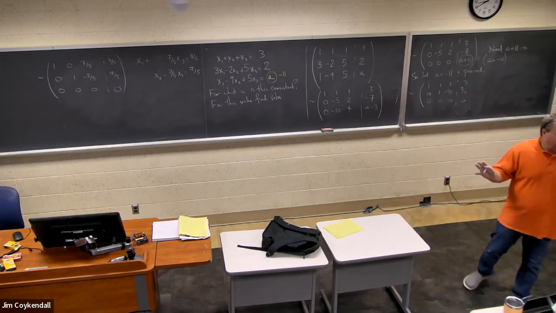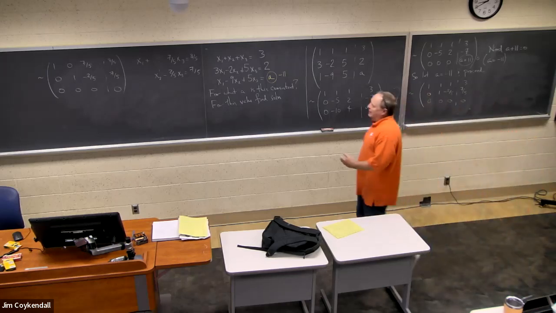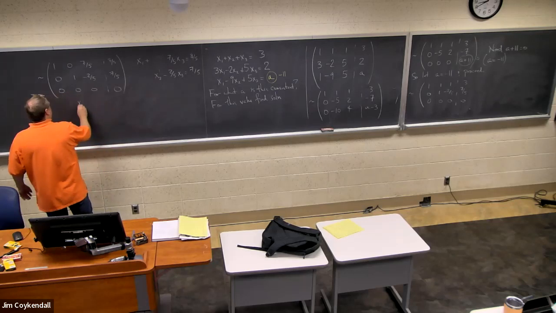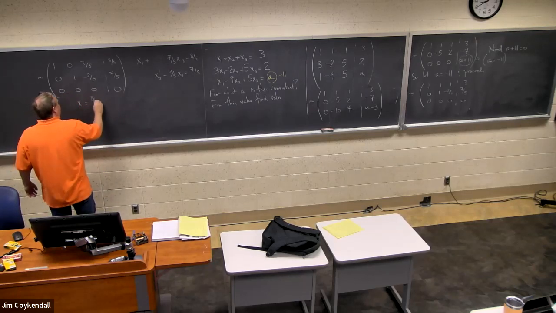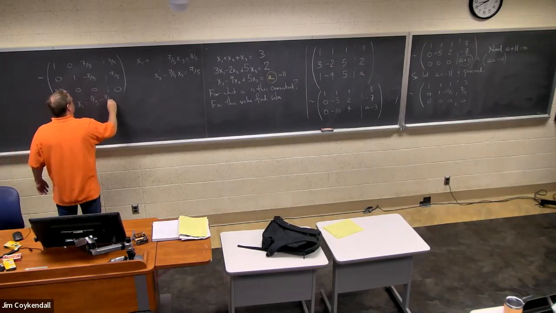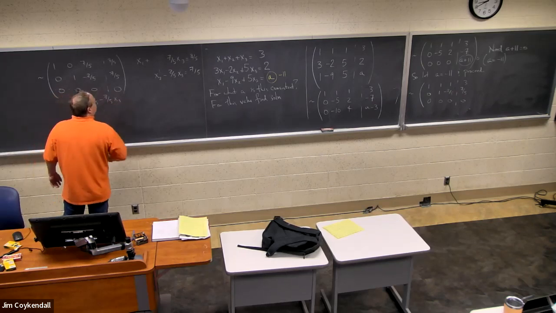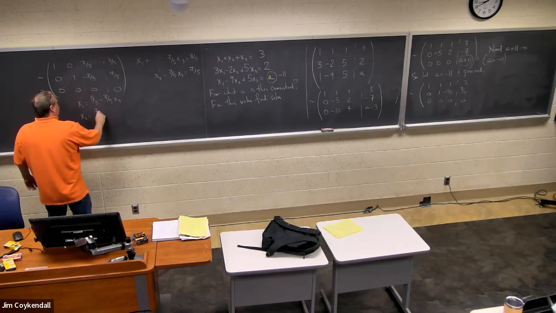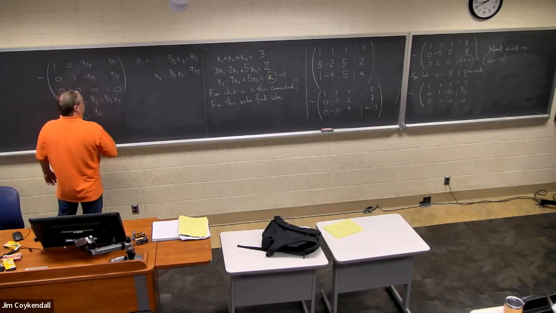And so it's the same kind of situation. What I have is x1 is 8/5 minus 7/5 x3. x2 is 7/5 plus 2/5 x3.